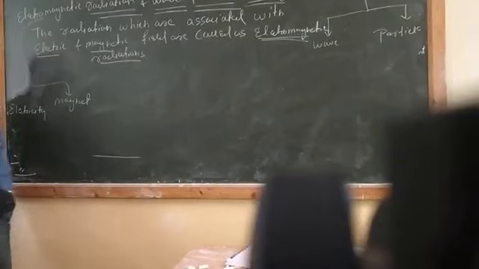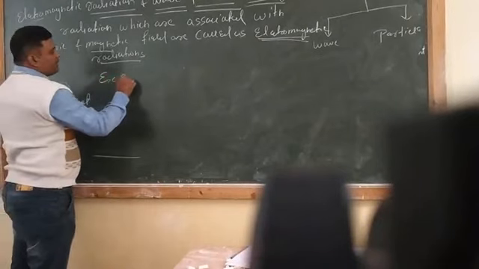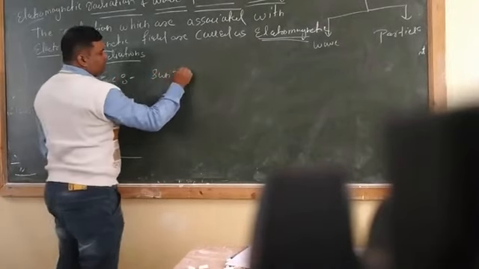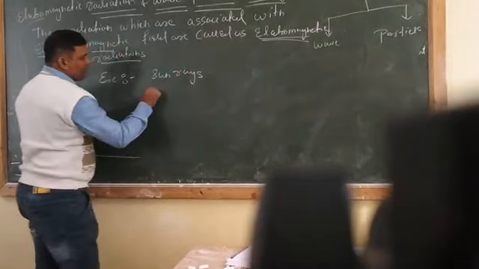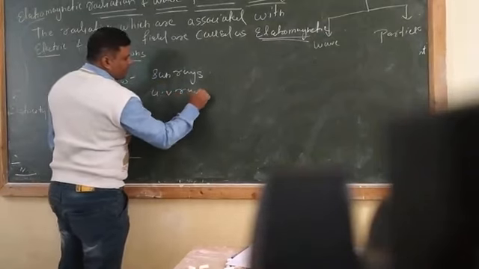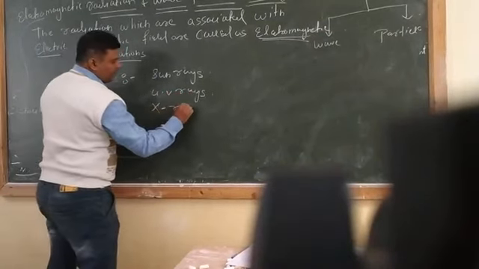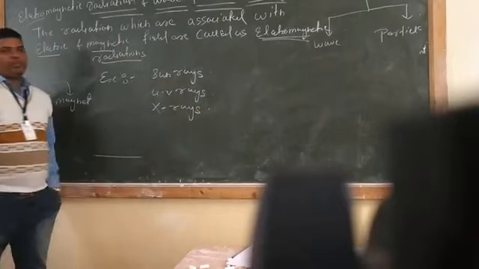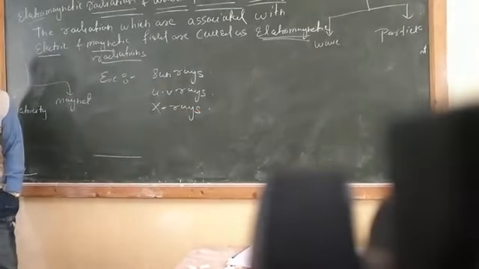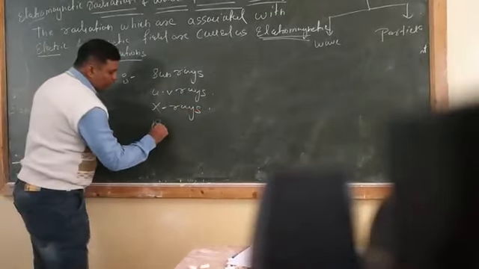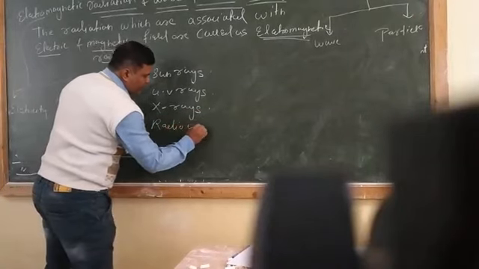Right? अगर एग्जाम्पल लेना होगा तो examples are sun rays. You can write down UV rays, X rays. These are the examples of electromagnetic radiation, or you can also call it as the radio waves.